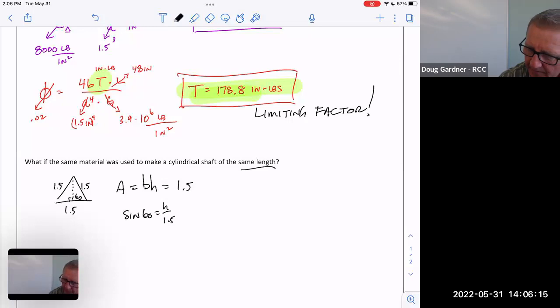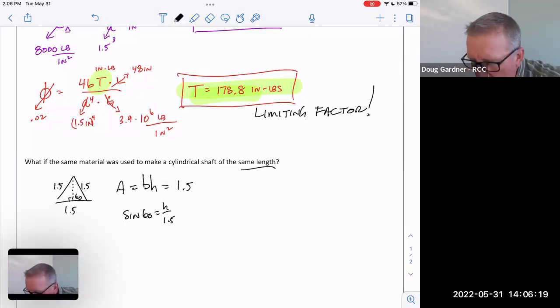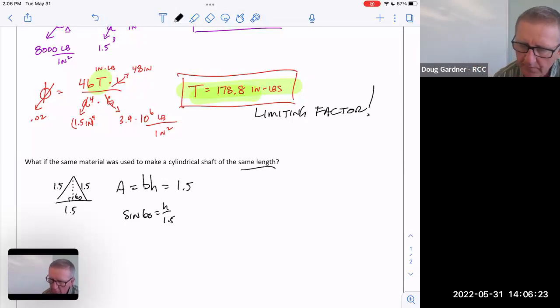So 1.5 times the sine of 60. I'm in degree mode. The radius is going to be bigger and you're going to have a factor of 48 or 46 when you do the angle. So the height's about 1.3.